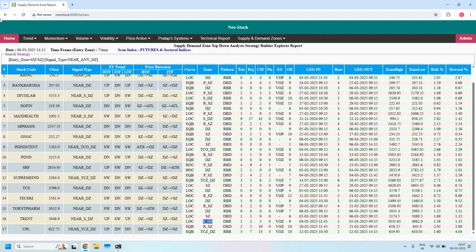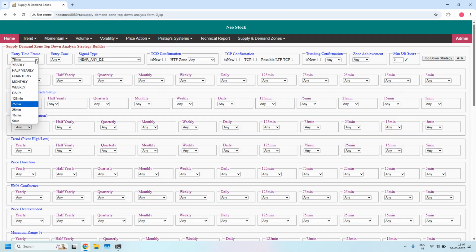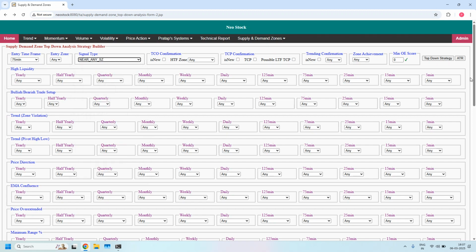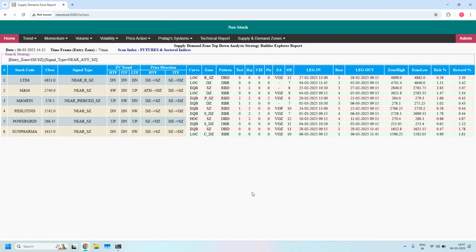Okay. Next, for 75 minutes time frame, let us find the stocks near 75 minutes supply zone. We got 6 stocks. Let us identify high liquidity 75 minutes supply zones from this list.